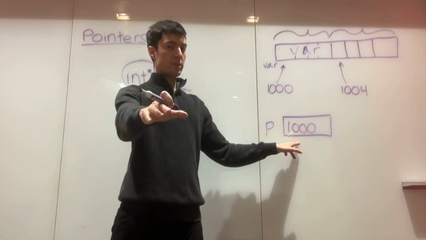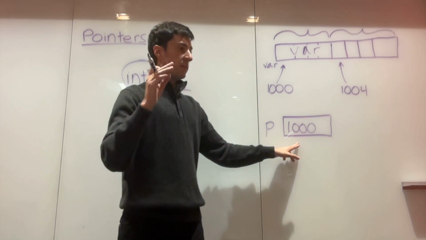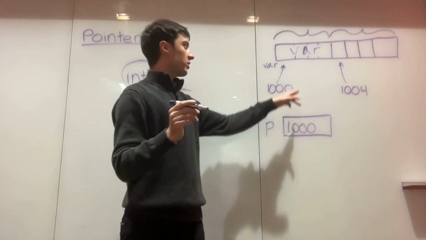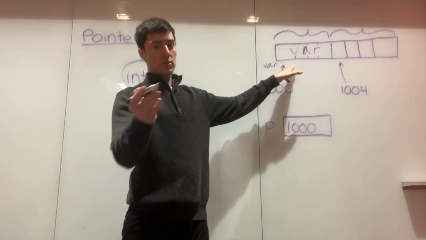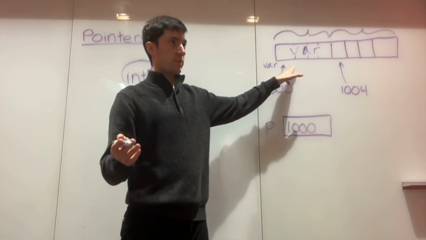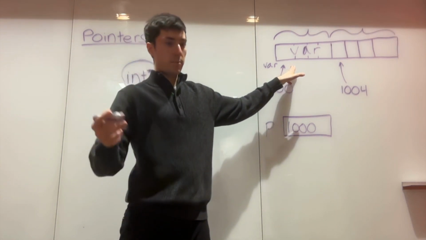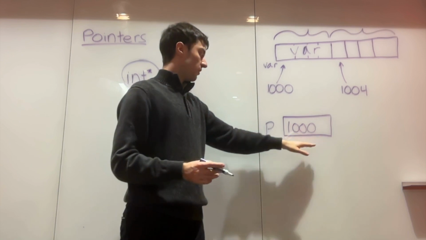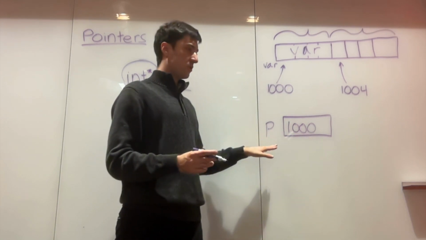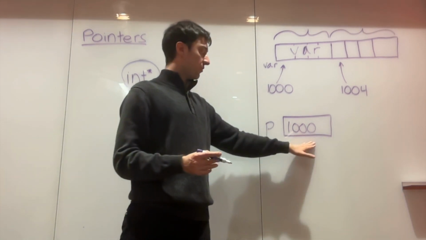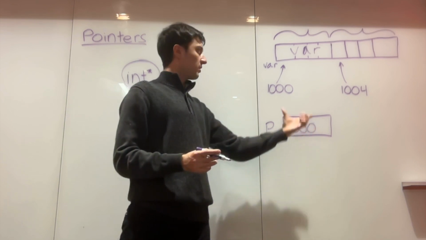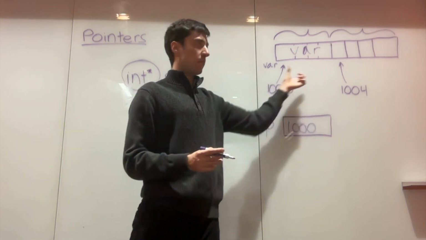What is this number? This number is the number at which a certain variable lives. It is an address in memory, okay? We have a pointer, which is a variable, and this variable contains an address of memory.